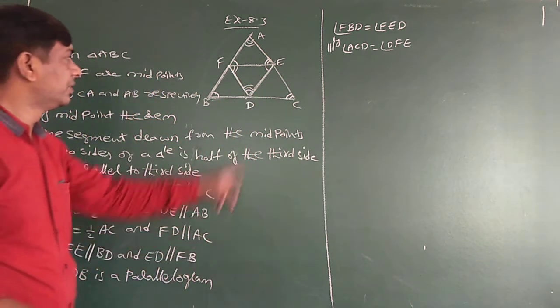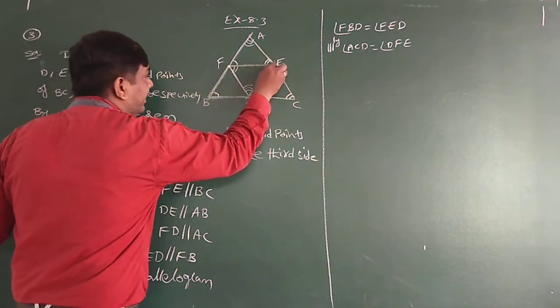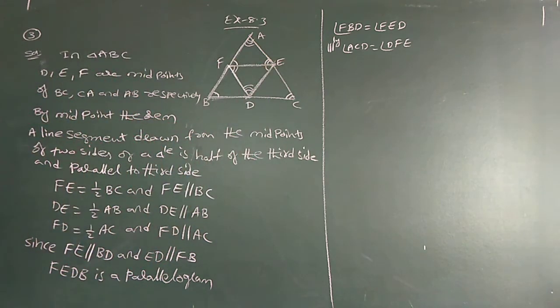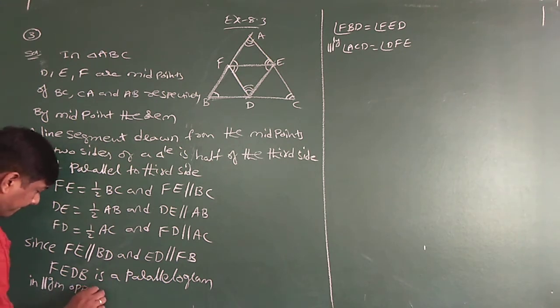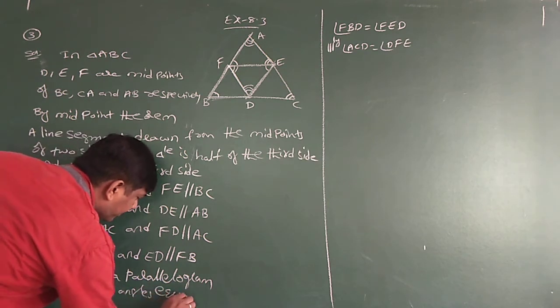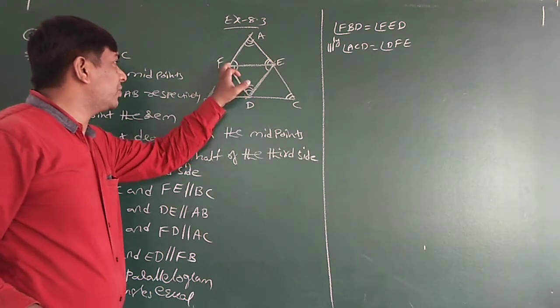So FEDB is a parallelogram. In a parallelogram, opposite angles are equal, so angle FBD is equal to angle FED.